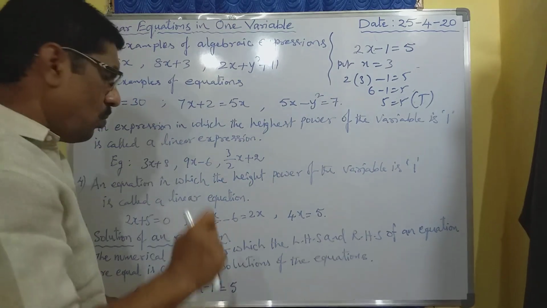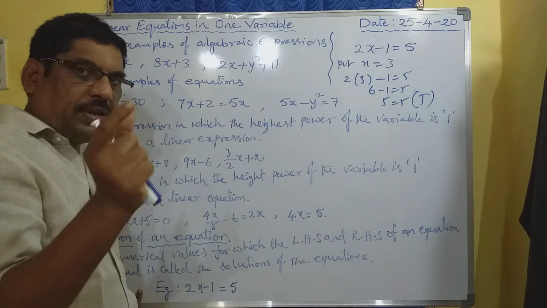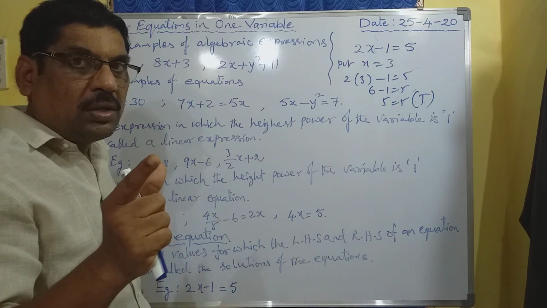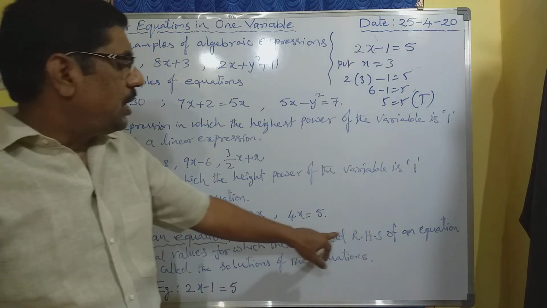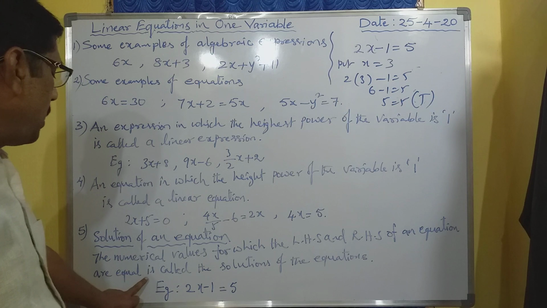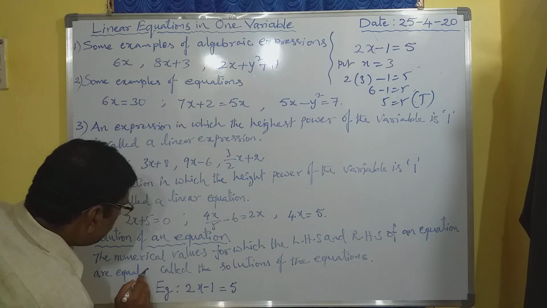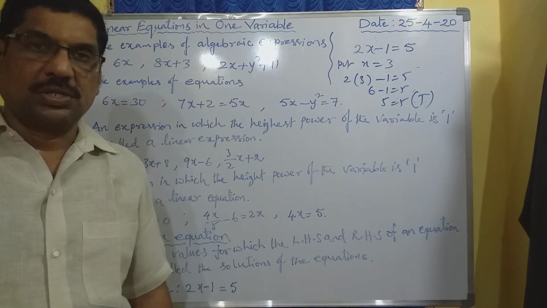Like that, whatever the value which makes the LHS and RHS of the given equation equal is called the solution of the equation. The numerical values for which the LHS and RHS of an equation are equal are called the solutions of the equations.